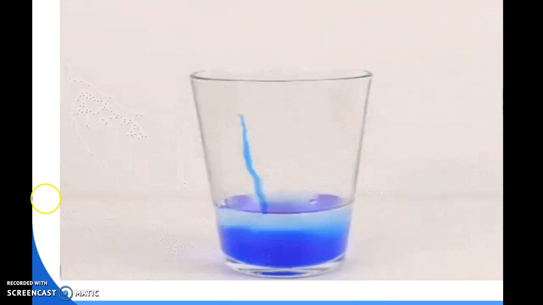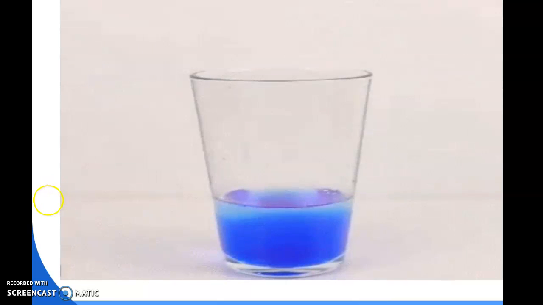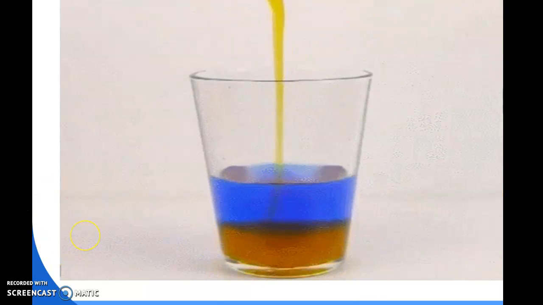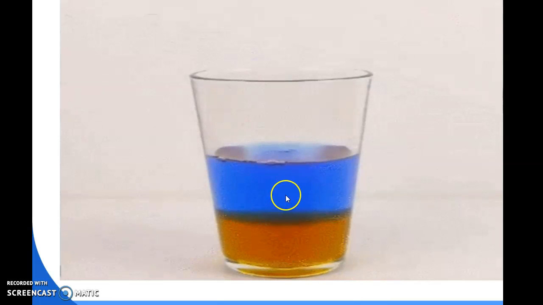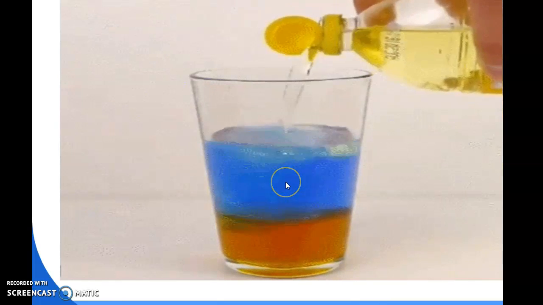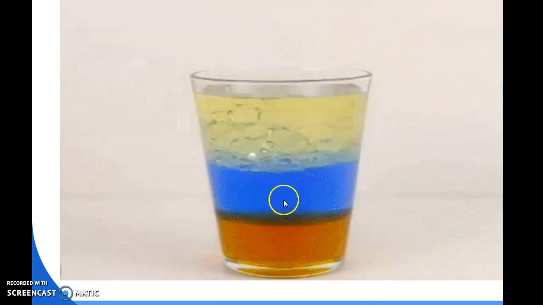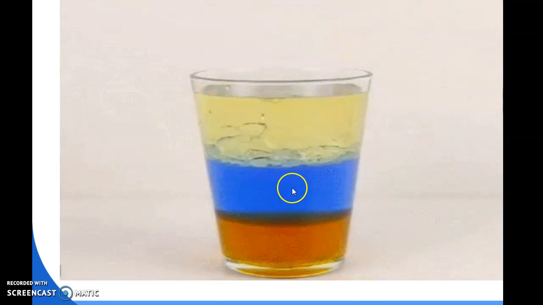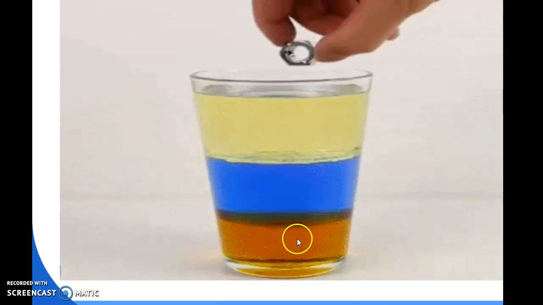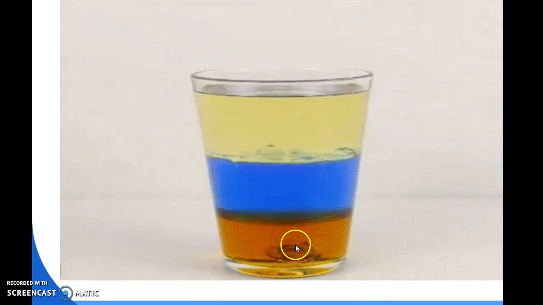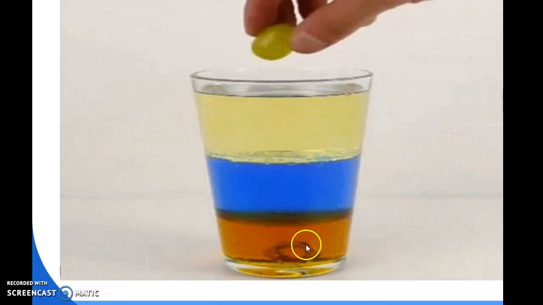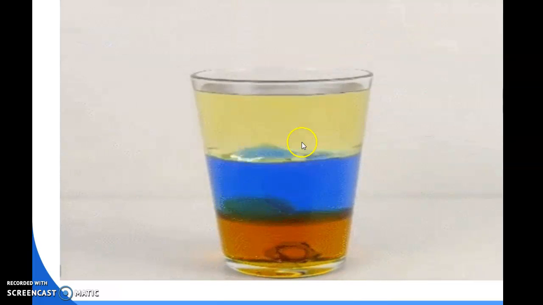Here I am giving some examples. Let's see. Here first you add the water, then you add some color, and then you add some liquid oil. Due to the density difference, there is variation. So you see the different colors, the lower one having more density than the upper one.